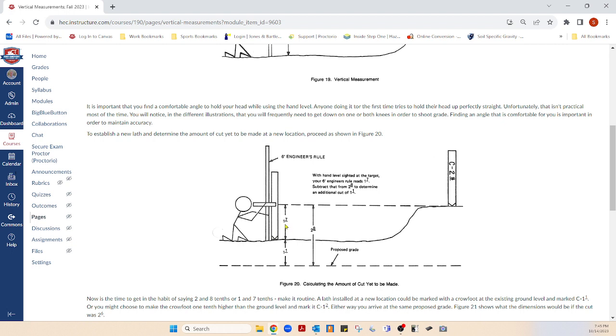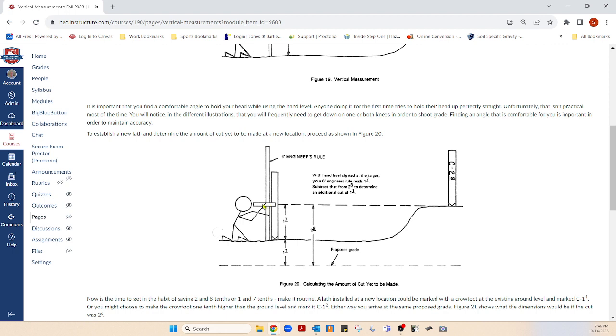This tells you he's reading 2.7. Well, he can draw a line there, and that will be this grade, but this is not the proposed grade here. This is his line of sight, right? So if he reads 2.7, what does he need to read? This is what he needs to read because this is the proposed grade. He needs to read 2.8.